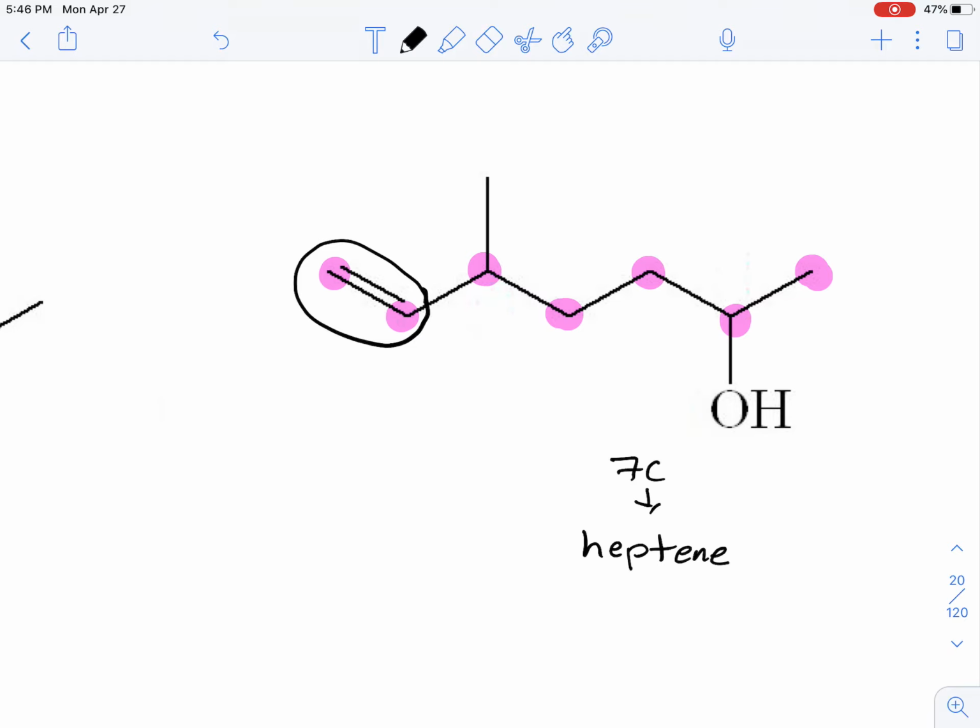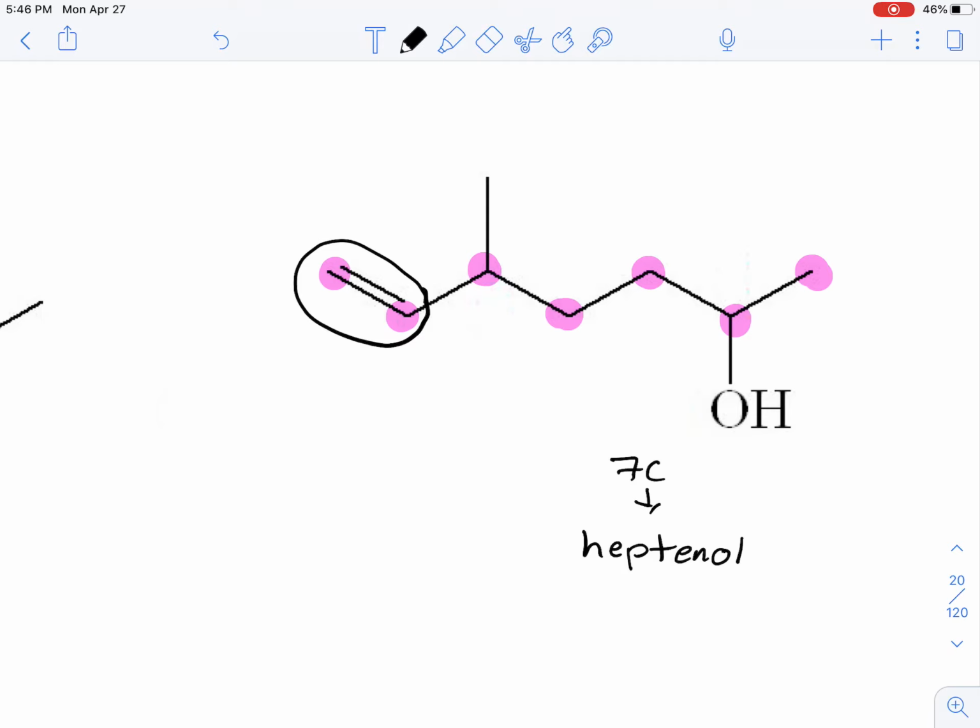When you have a double bond present, we still erase that last E, much like what we did for heptane, and then write in ol. So heptenol.